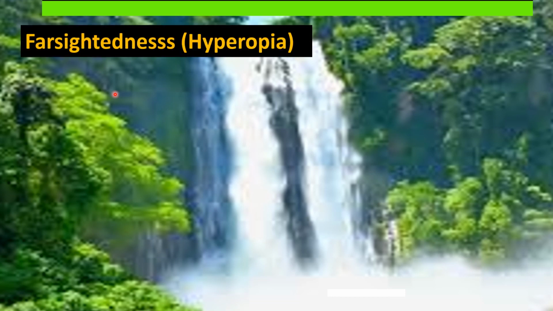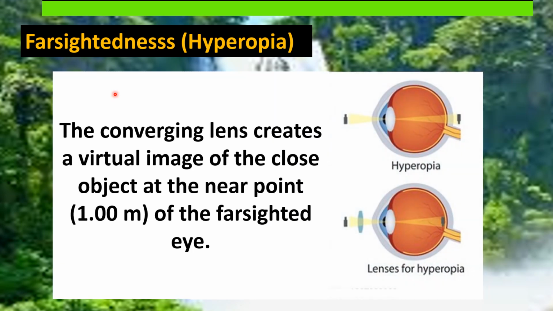So we emphasize that a converging lens forms a virtual image of the near or close object at the near point of the farsighted eye.